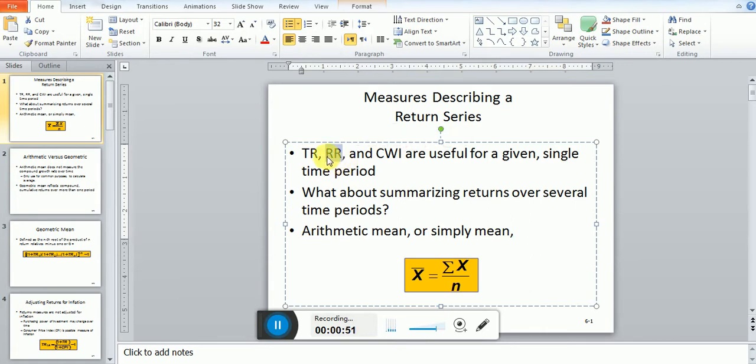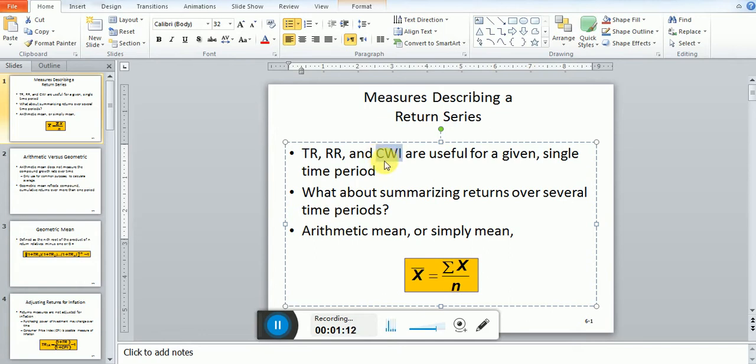Whenever you add 1 to the total return, it gives you the return relative, and we made it clear where we can use return relative. And in the last lecture we also covered the cumulative wealth index. And what was the purpose?